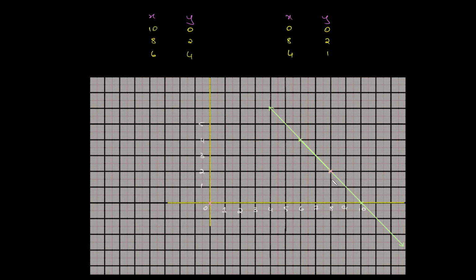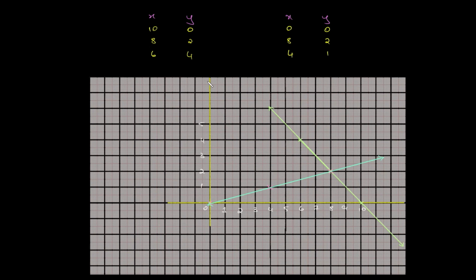So that's our solution, right? The common point. And (4, 1) is over here. So we have the graph. Okay, we have the solution.